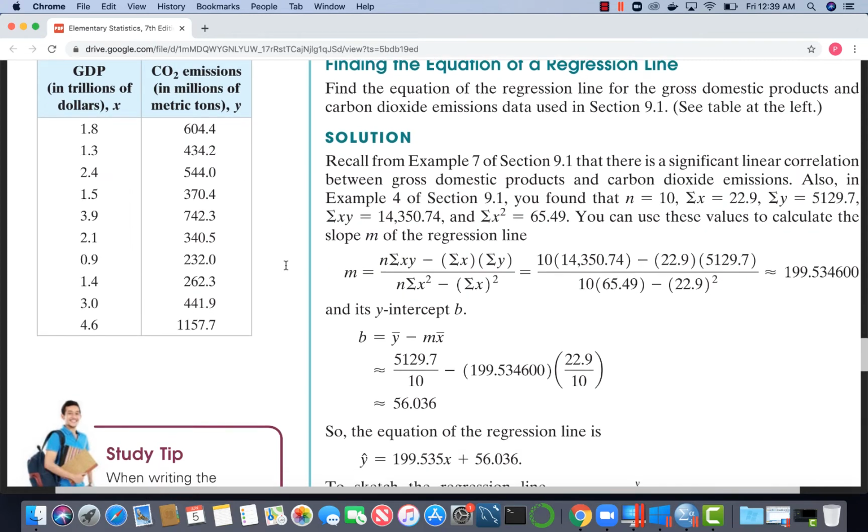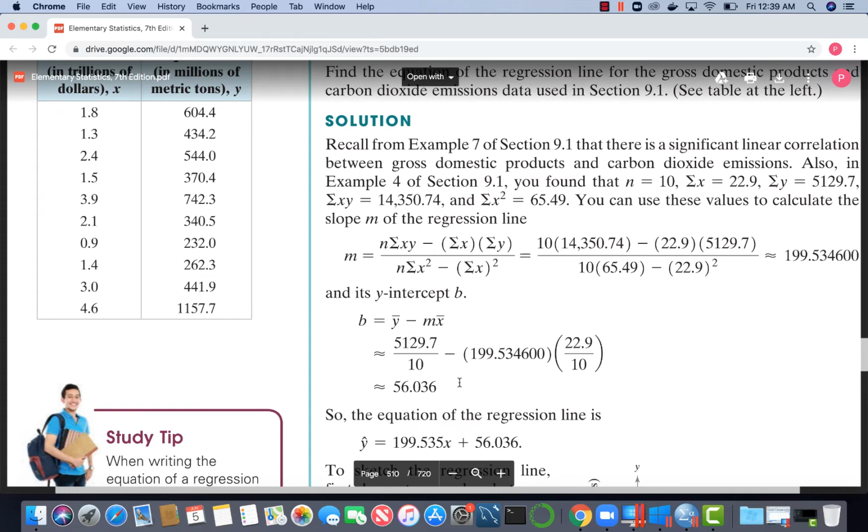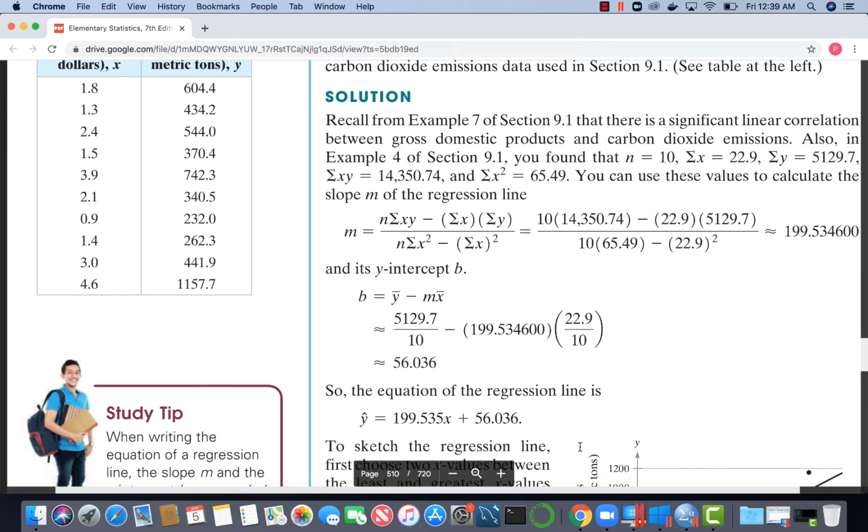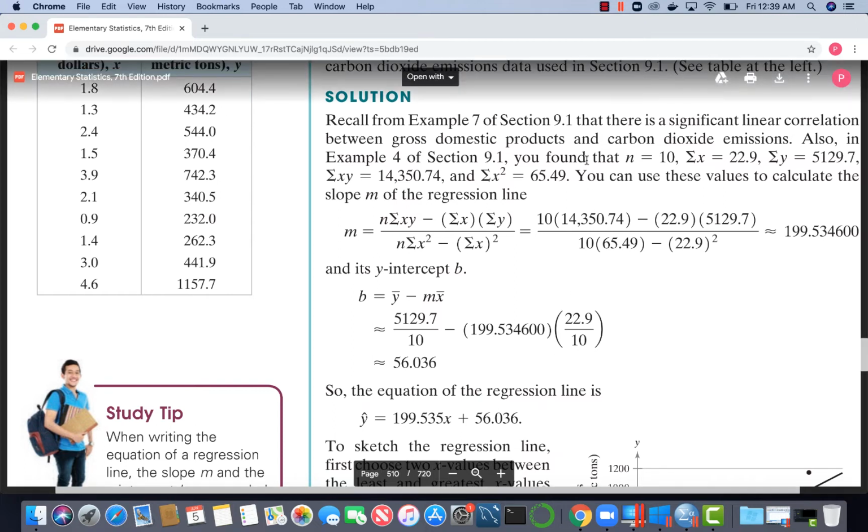We can do it the way they did it here by hand and obtain the equation of this line. But instead, we want to look at this problem using SPSS. So let me open SPSS for you and we will take a look at this problem.